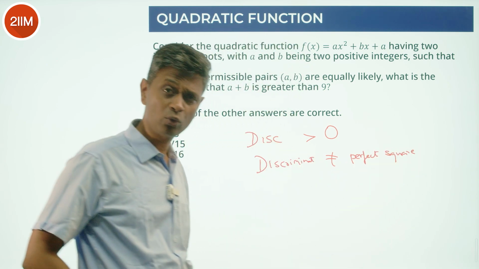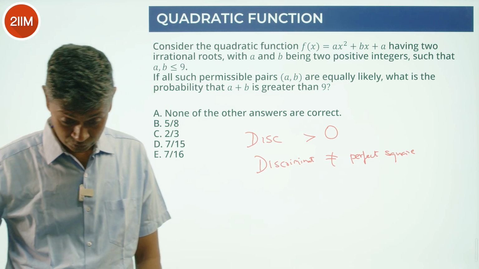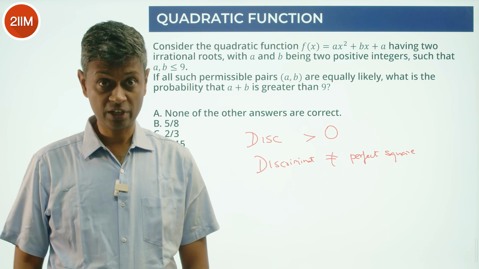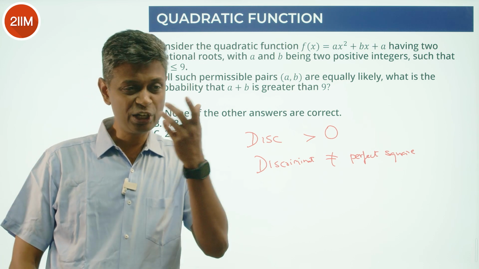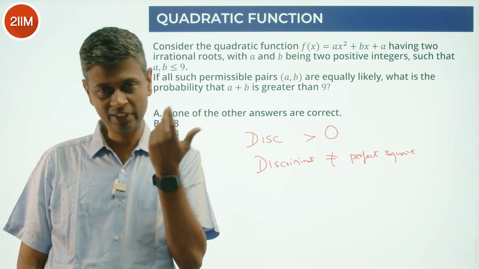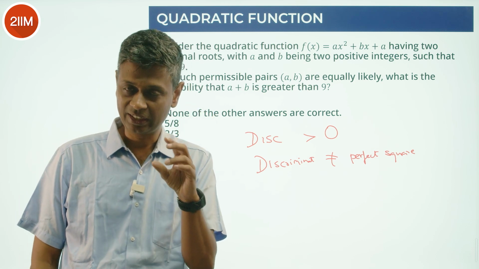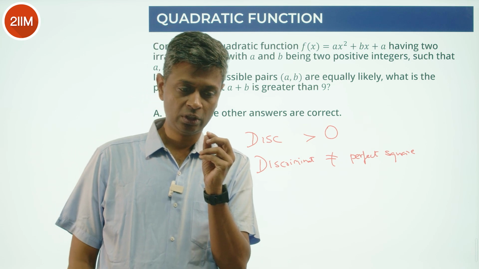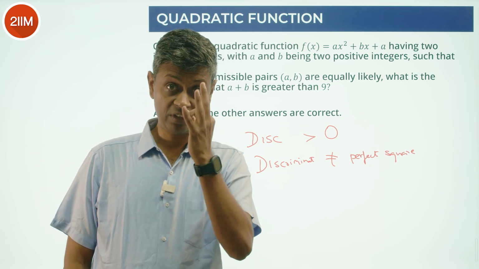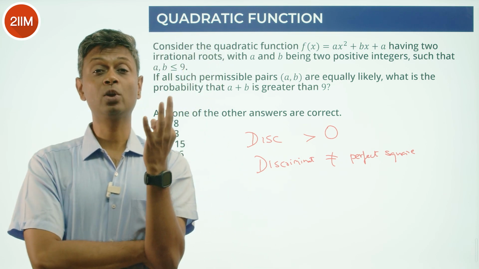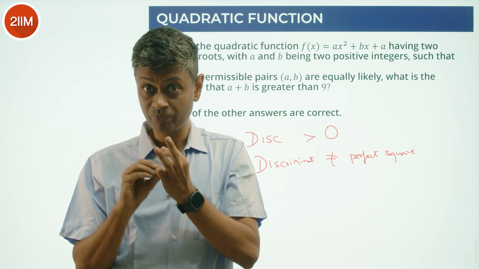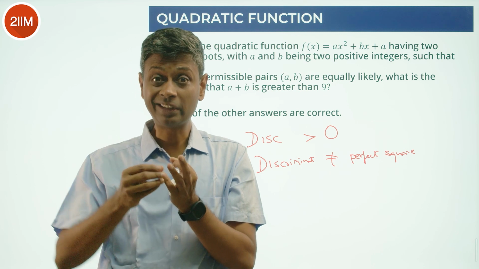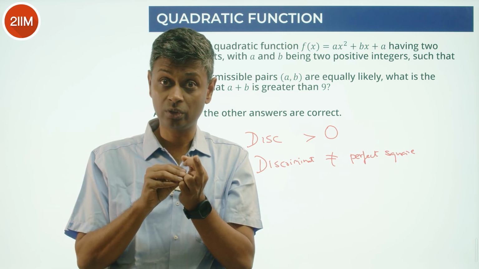If b square minus 4ac were a perfect square, then I'll have rational roots. Minus b plus or minus square root of that, then my completion of squares works beautifully. Everything gets cancelled very nicely, and I can get rational roots. If I'm getting irrational roots, that means three inferences. The real roots exist, so discriminant is greater than or equal to 0. The irrational roots are distinct, so discriminant is greater than 0, not greater than or equal to 0.